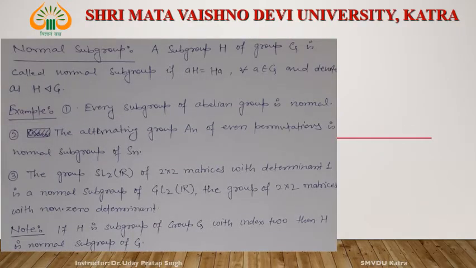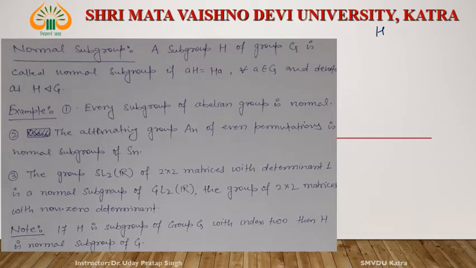Next, before going to the factor group or quotient group, we have to discuss the normal subgroup. Only an overview of the normal subgroup. What is a normal subgroup? A subgroup H of G is said to be normal if its left coset and right coset are equal.